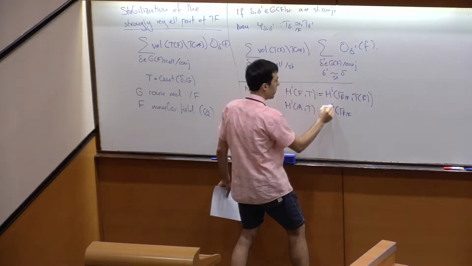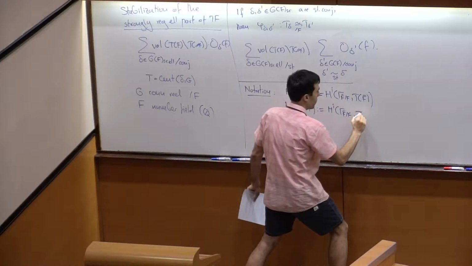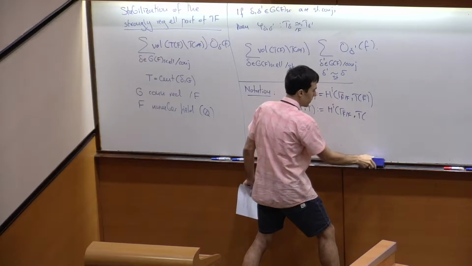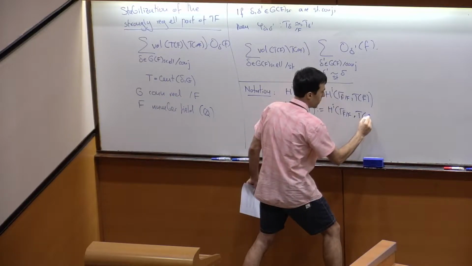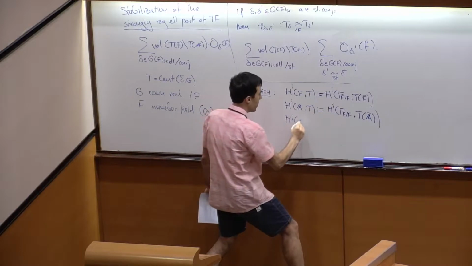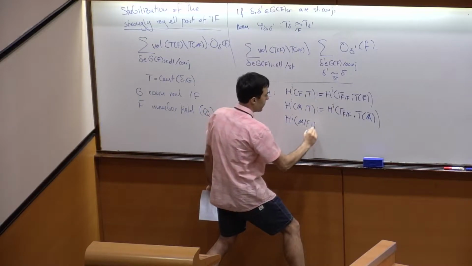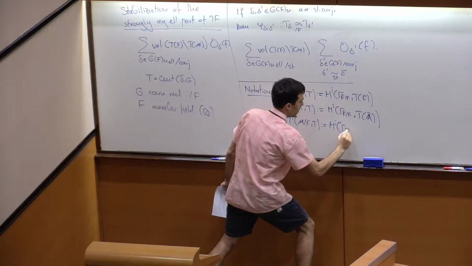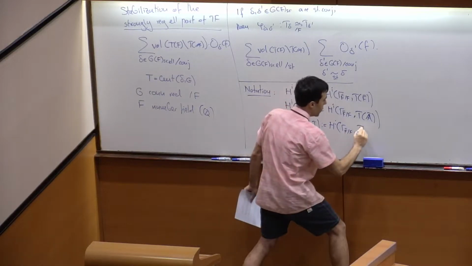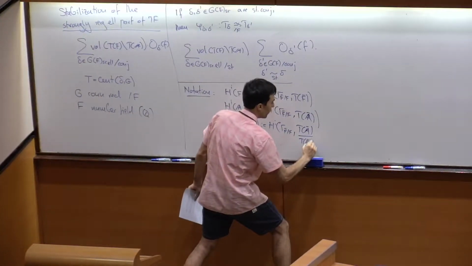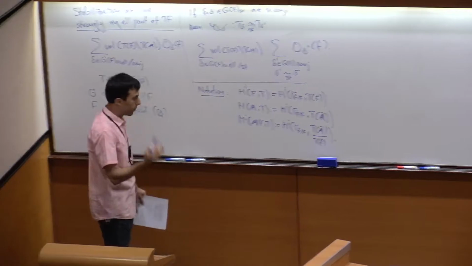It can be any i. But now the coefficients are T of A bar. And then finally, HI A over F T, where the coefficients are the quotient T of A bar over T of F bar. Okay, so this will be my notation.